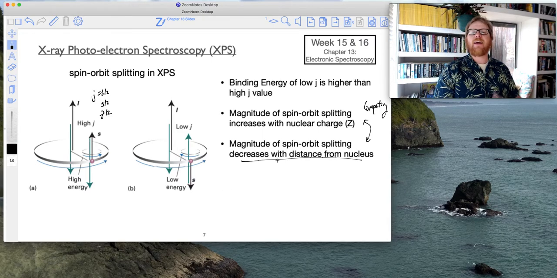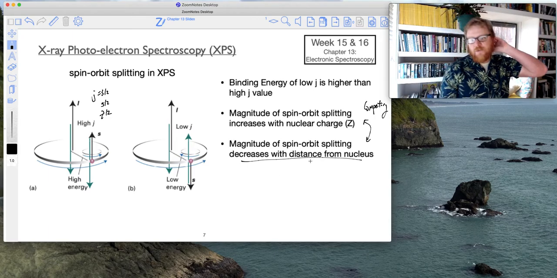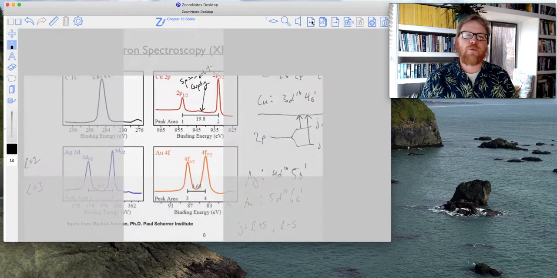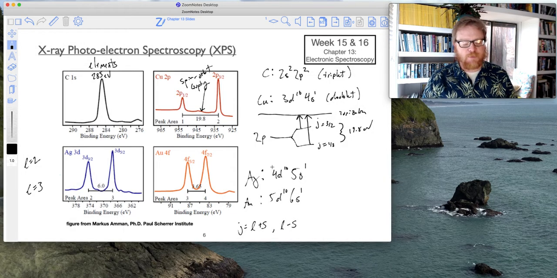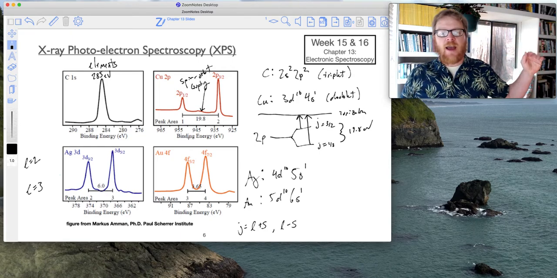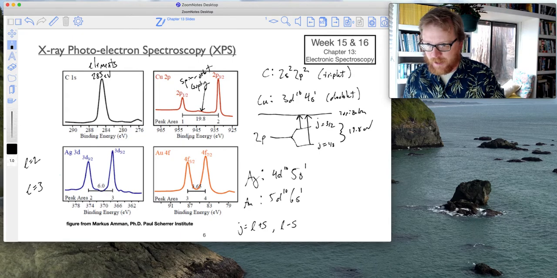However, as we get electrons further and further away from the nucleus, that spin-orbit splitting is less important. So if I go back here, let me explain this again. So if we were looking at all, let's say 2p levels from copper, silver, and gold, then we would see those spin-orbit splittings get bigger as we go copper, silver, gold, okay?